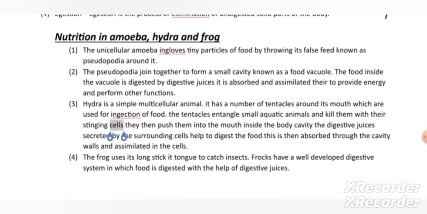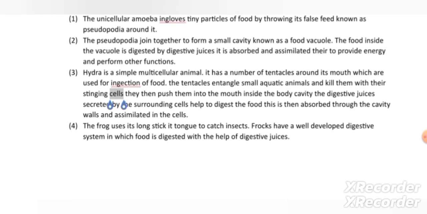Our third topic is nutrition in amoeba, hydra and frog. First, the unicellular. The first is amoeba. Amoeba is a unicellular organism. Some of you are thinking, what are unicellular organisms? Unicellular organisms are those which are single celled, made up of only one cell.